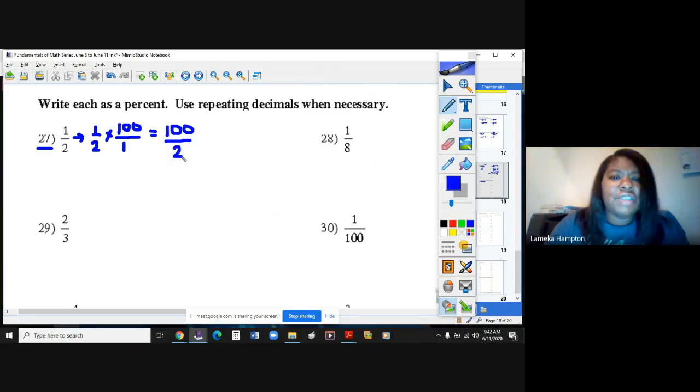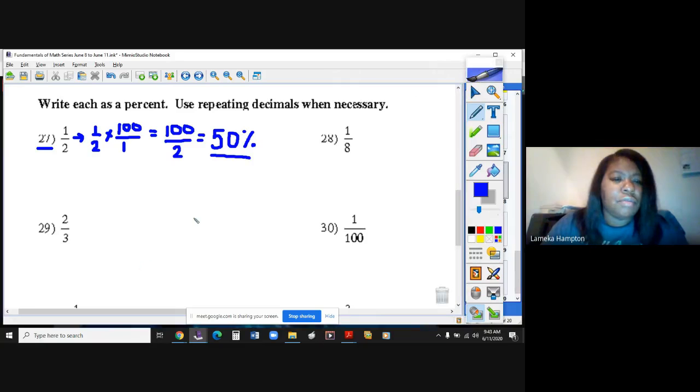And with all fractions, make sure that you simplify. So half of 100 gives me 50. Now, there are no repeating decimals here, because when I divide 2 into 100, that gives me 50. So therefore, that is my final answer, which is 50%.